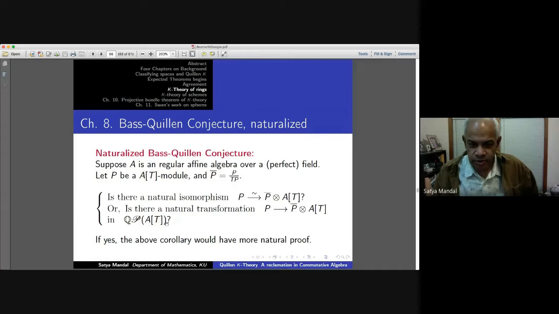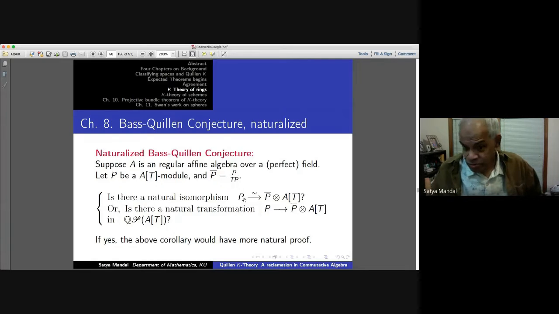Okay, so in the first line I said that I'm asking whether there is a natural isomorphism. Of course, there is an isomorphism, I know. It goes through reducing the thing to the local case and then going to an analytic isomorphism and proving it. Can you decipher it and prove it?